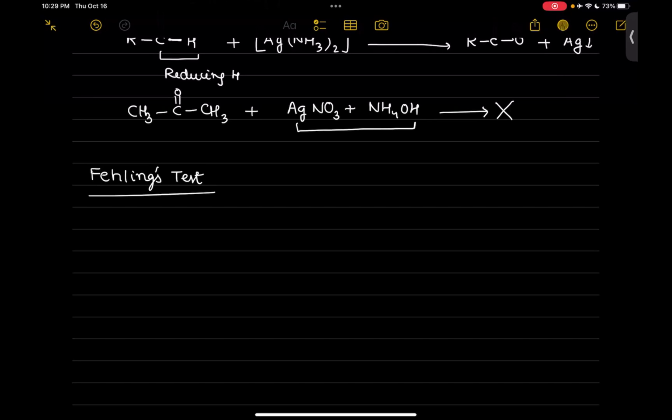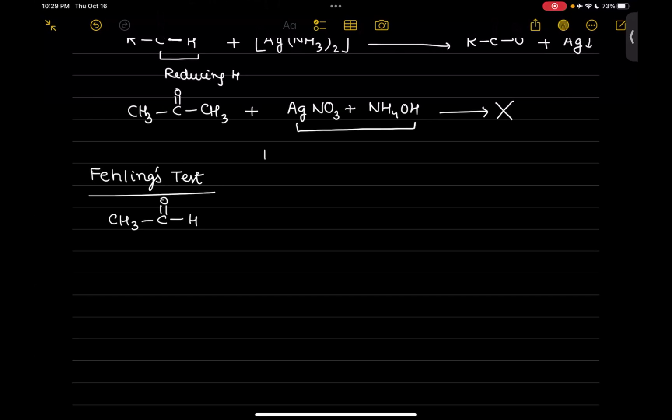So aldehydes can give this test. Aliphatic aldehydes. This is also a very important thing which you need to keep in mind, and it can be asked in your school viva also. Got it?